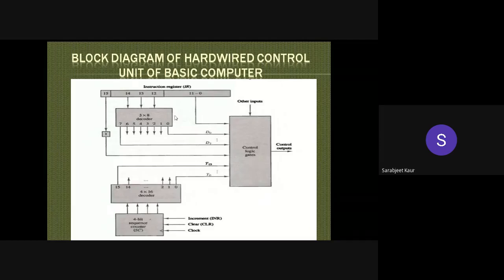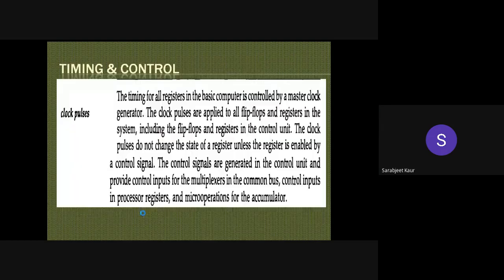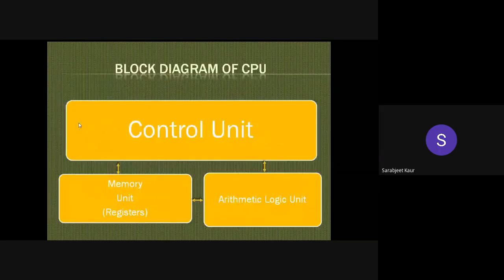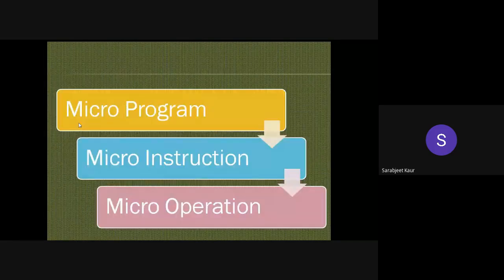In here we had discussed how the control signals are generated and how the timing signals are generated, right? We had discussed the idea of the timing signals and the control signals, looking at the working of the control unit.